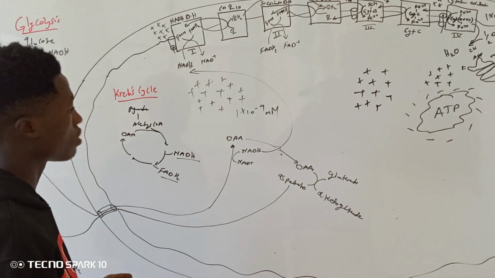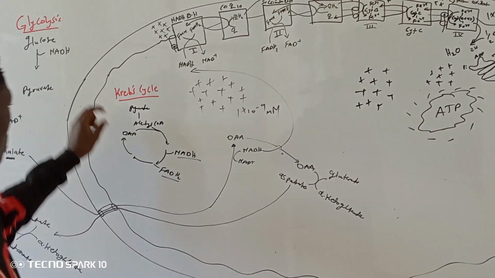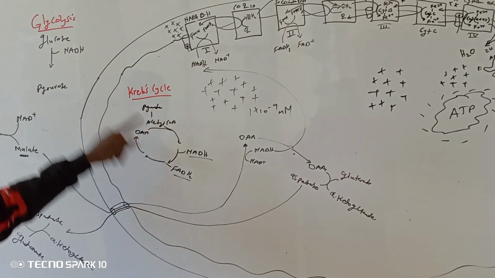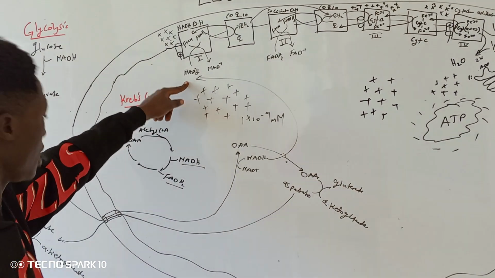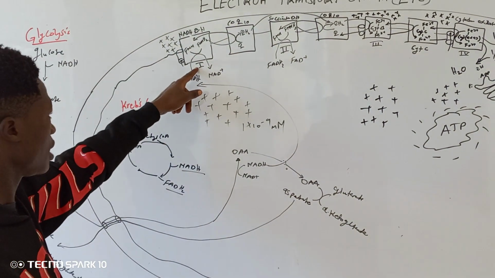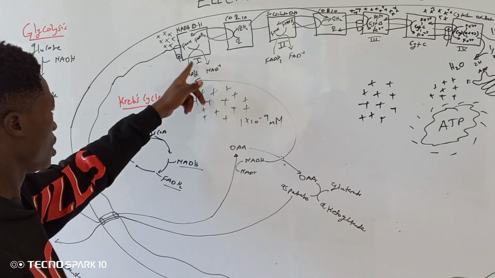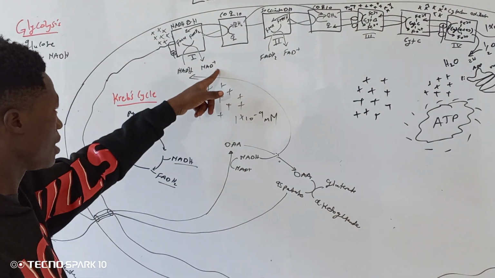So let's have a quick overview of what we've learned. The Krebs cycle generates NADH and FADH2. The NADH is going to be taken in to complex 1 and oxidized to NAD+.